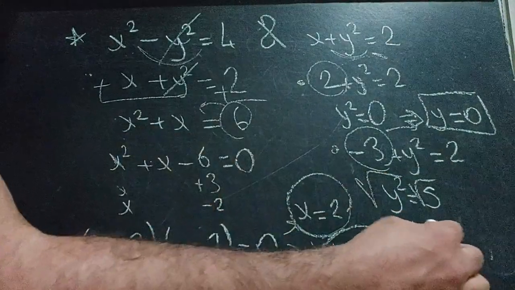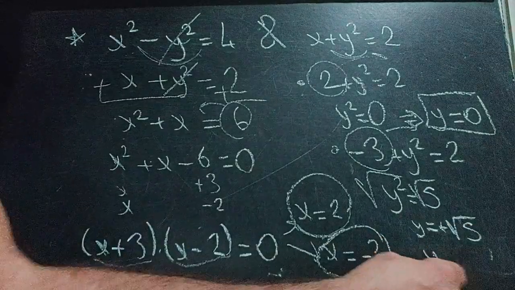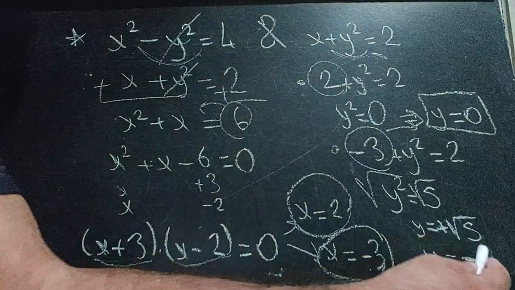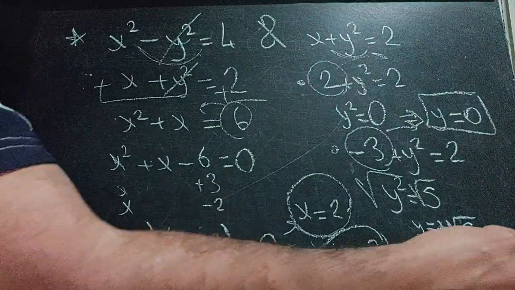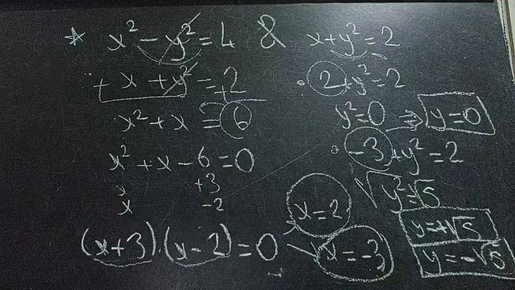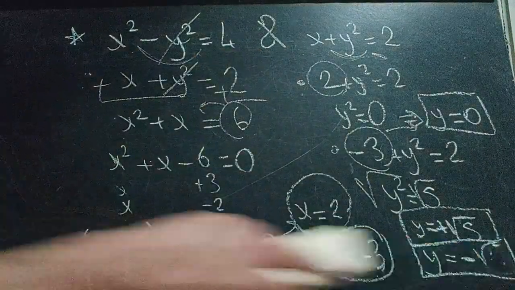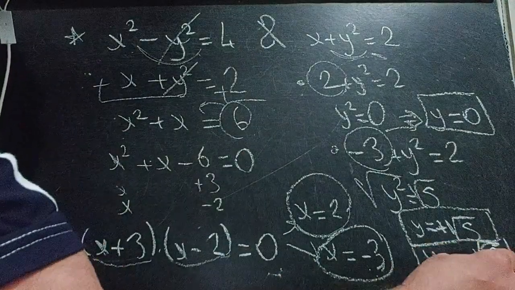One of them is going to be positive square root 5, and the other one is going to be negative square root 5. I have there 1, 2, and 3 values of y.